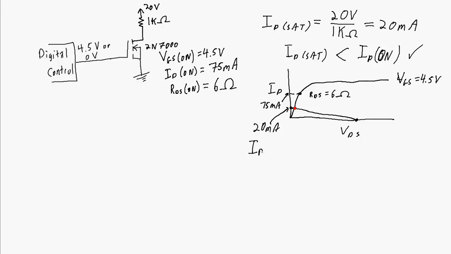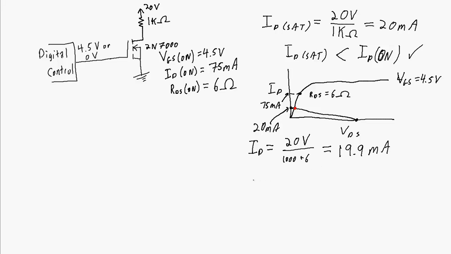And what is our actual VDS? Well, first of all, we can calculate what our actual ID is. ID sat was 20 milliamps, so what is the actual ID? Well, it's going to be 20 volts applied across this 1 kilo ohm plus this 6 ohms. 20 volts divided by 1,000 ohms plus 6 ohms. And that works out to 19.9 milliamps.